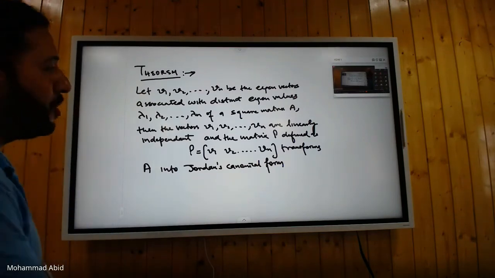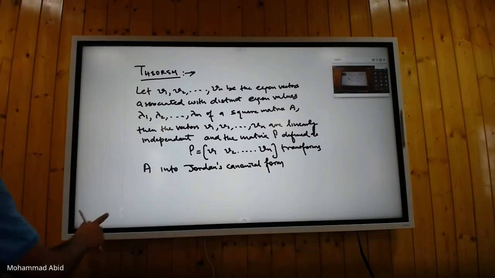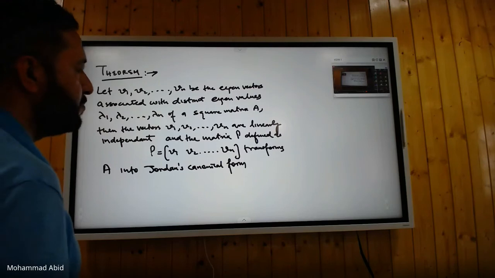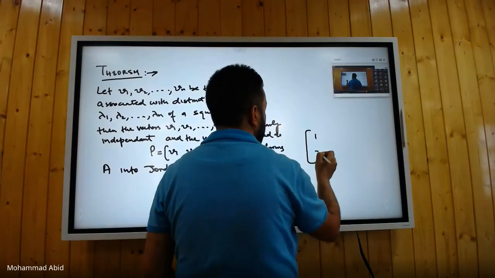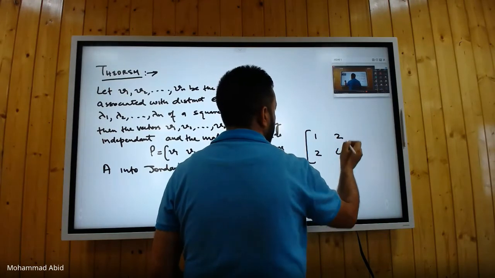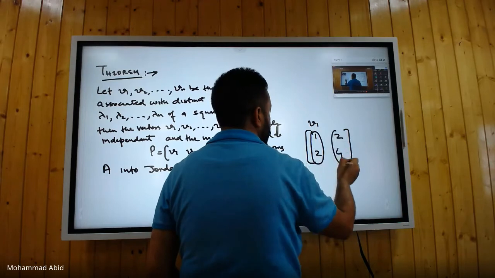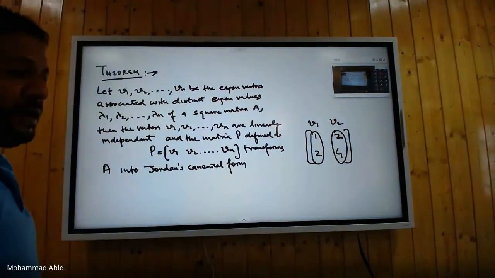Do you understand? I had already talked a bit about linear dependence and independence of vectors. When are the vectors said to be linearly independent? If you have two vectors, (1, 2) and (2, 4), ये दो वेक्टर्स हैं, ये v1 है, ये v2 है। ये दो वेक्टर्स लीनियरली डिपेंडेंट हैं या इंडिपेंडेंट हैं?